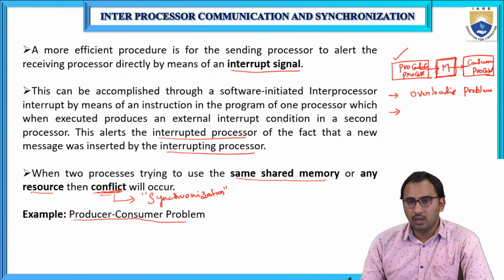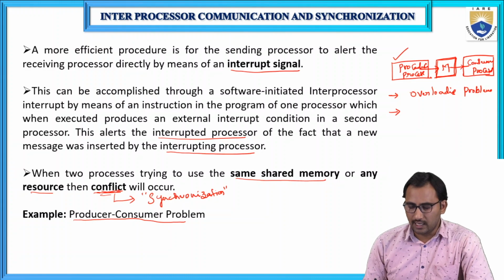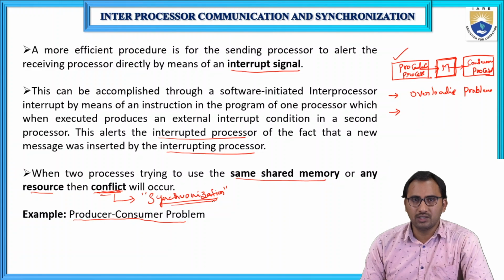Because their data transfer rates are not the same, this type of conflict will occur. In order to overcome this, we use the concept of synchronization. By providing proper synchronization, we can avoid these conflicts.